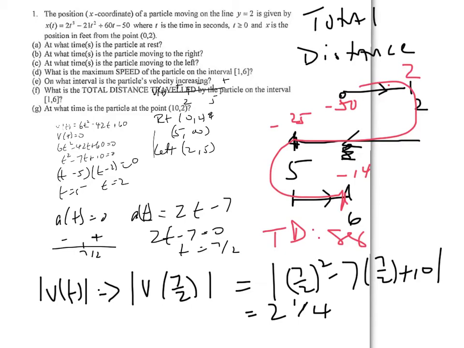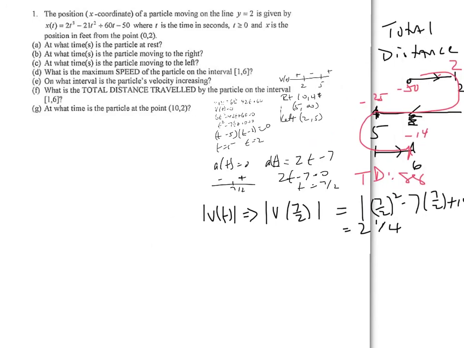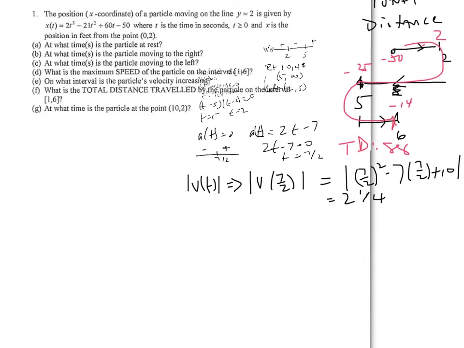Good. Now this last question is actually a pretty difficult one. So we have, at what time is the particle at 10, 2? Now since this is a function on the line y equals 2, and it's moving, that 10 is really where they meet. So for part G, what they're asking you is really, when does x of t equal 10?